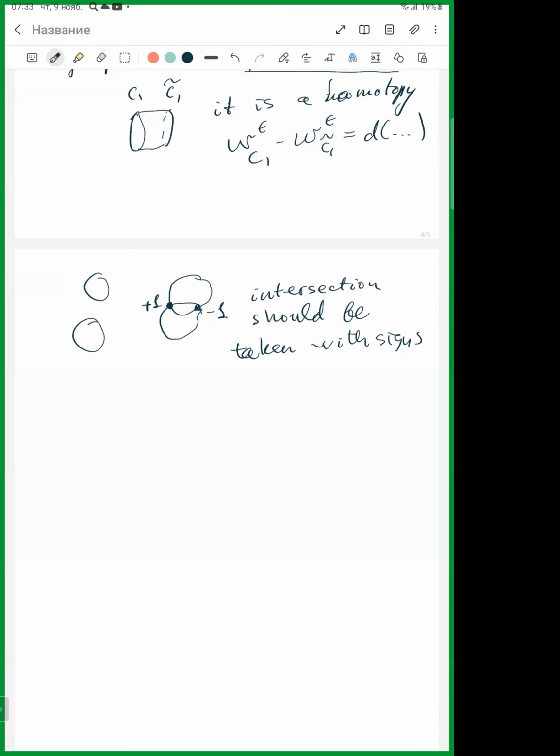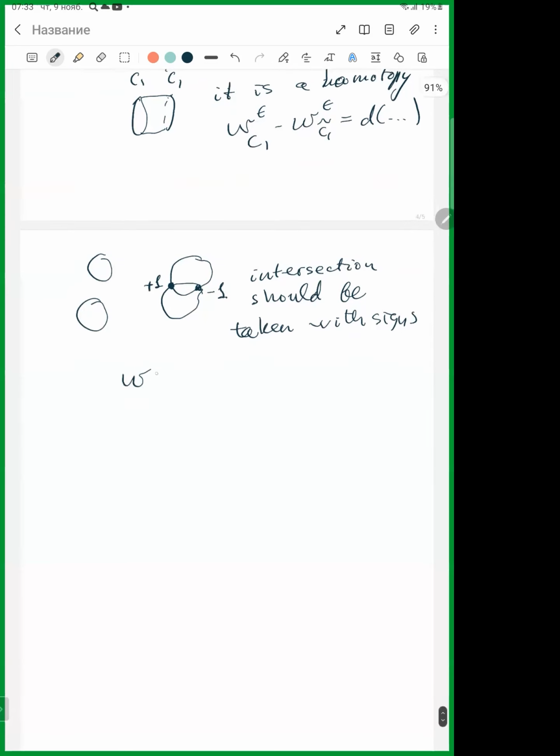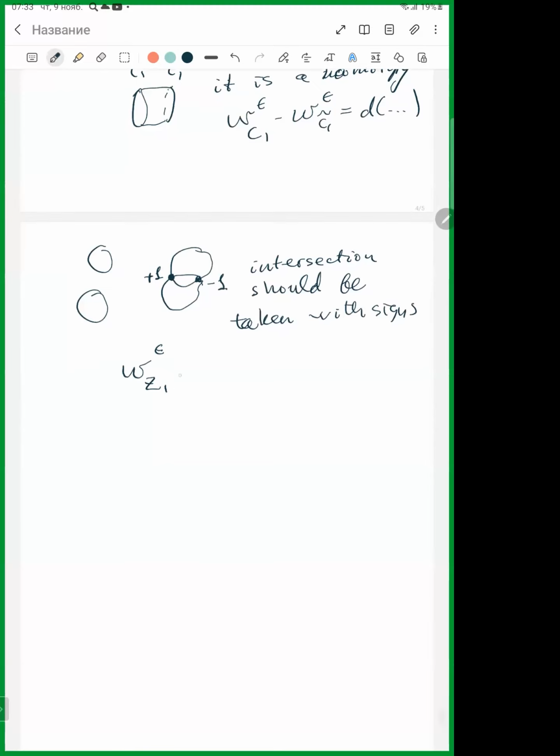Because last time we ended with the statement that Z1 times omega epsilon Z2 is omega associated to intersection. But then you may easily see that here Z2 was considered as oriented.